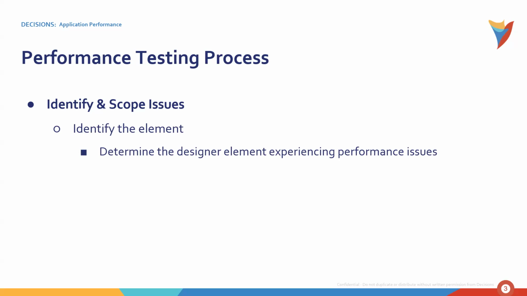Let's say if there are 10 dashboards, exactly which dashboard has the performance issue. If there are multiple APIs, then we need to know which API is slow so that we can do performance troubleshooting for it. So the first thing we always need to know is the element which is causing the performance issue.